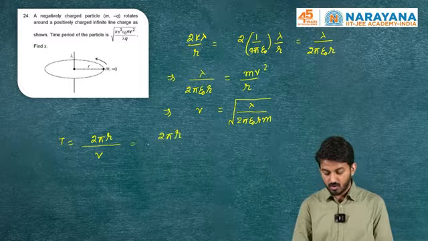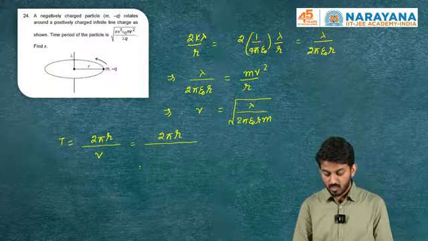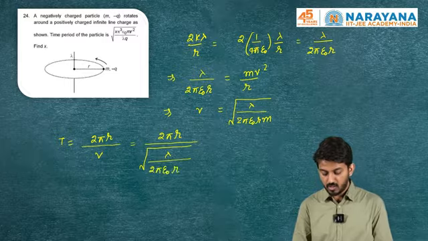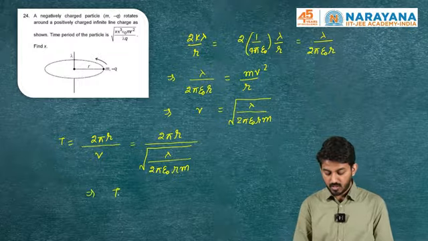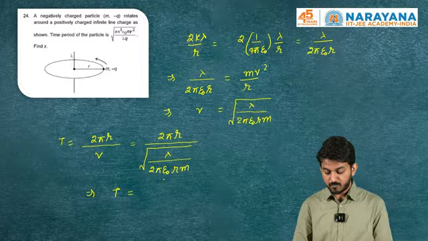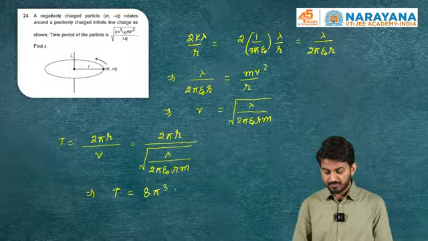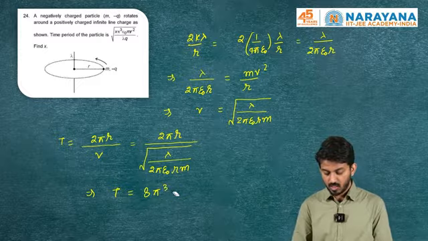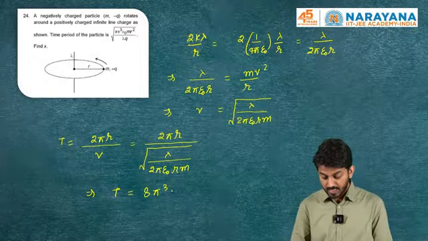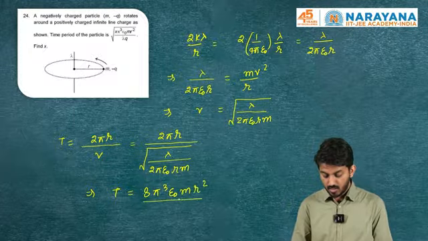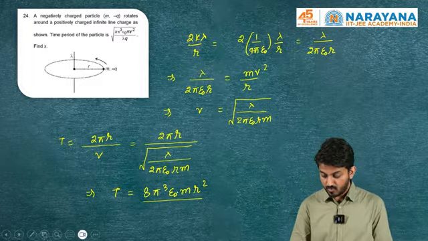So 2 pi r divided by lambda over 2 pi epsilon naught r m, giving us T is equal to, so this becomes 8 pi cube epsilon naught m r square by, wow, one more thing we missed.